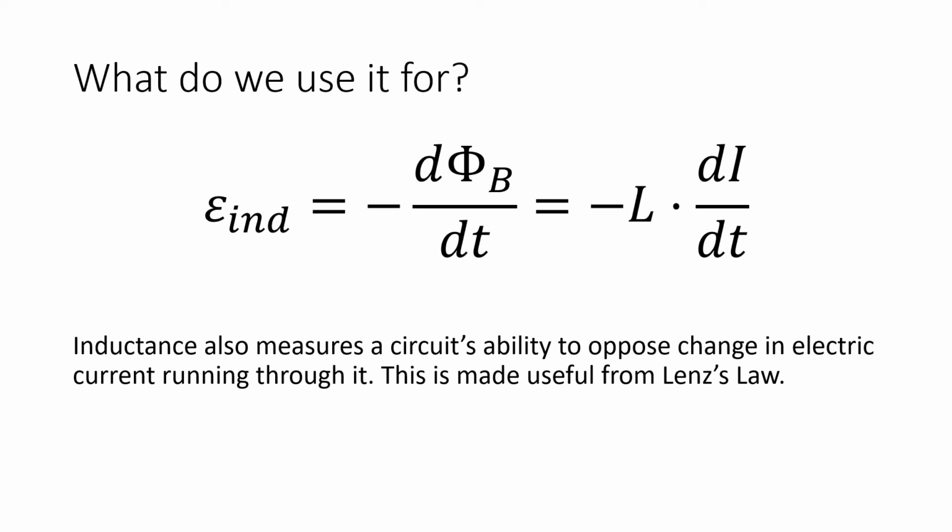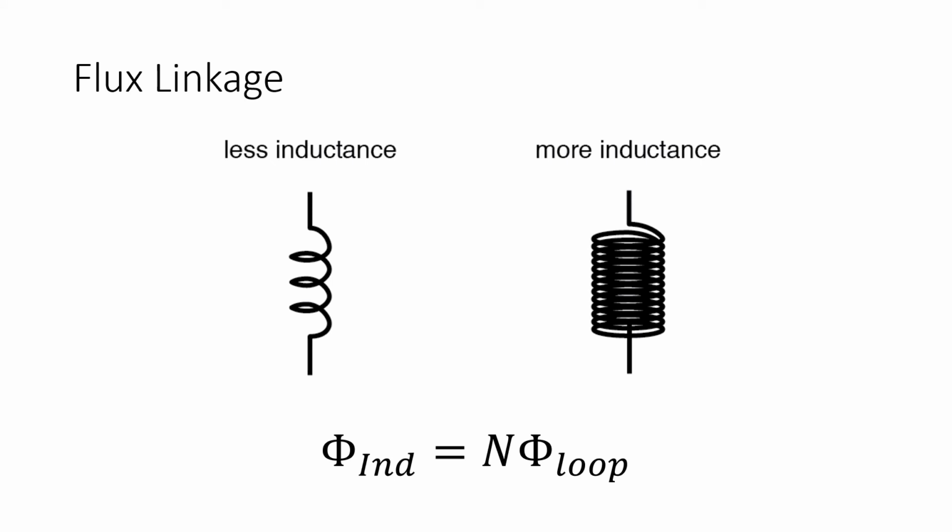The last little math tidbit is for magnetic flux through a three-dimensional object, if it has more closed circuits, if you will. And it's the concept of flux linkage. It's the concept that the more closed circuits, right?